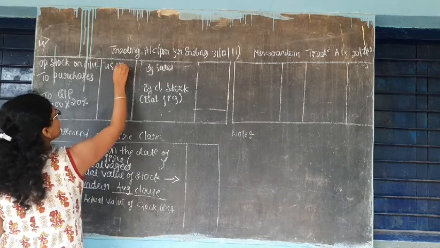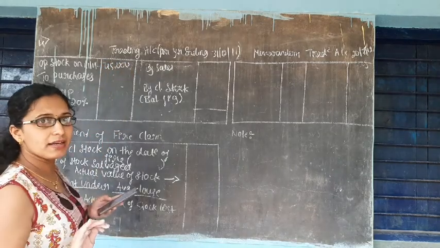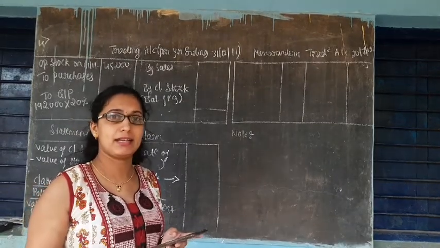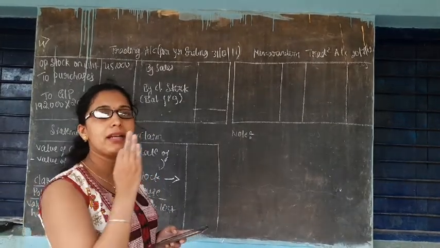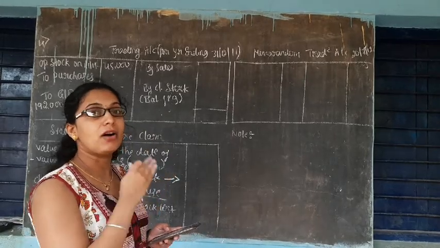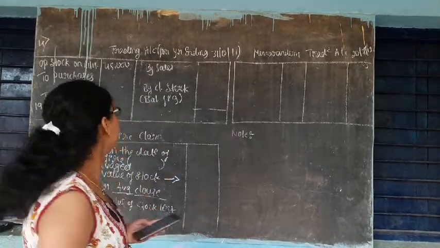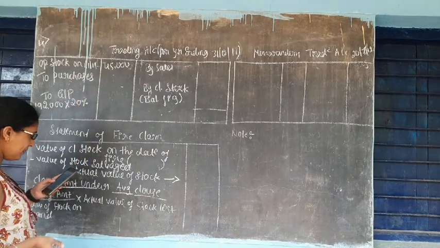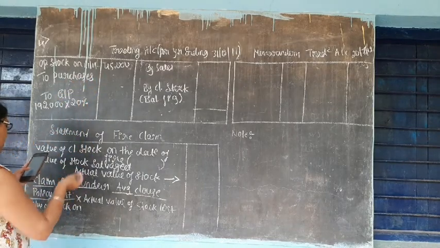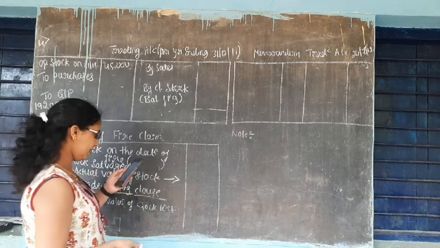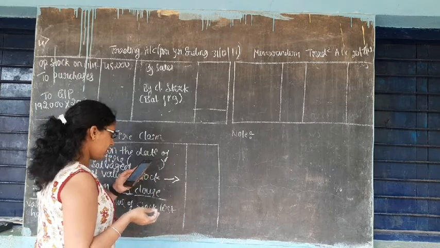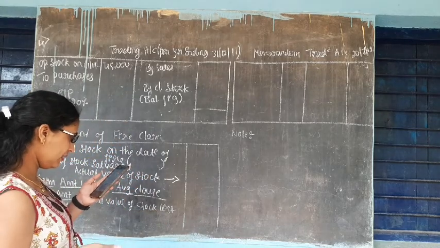When the information is given for the previous year and the gross profit of past years is not given, then you have to prepare the trading account to find out the gross profit of the last year. So opening stock on 1/1/2011 is 45,000, and stock on 31/12/2011 means the closing stock.